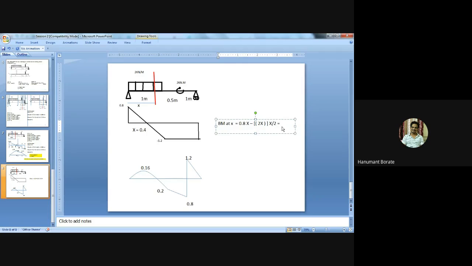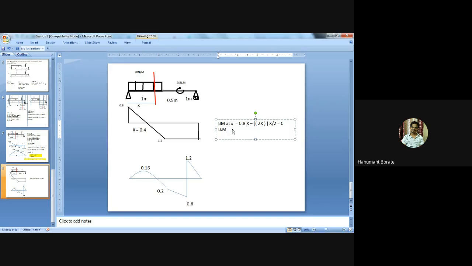We need to equate this equation equal to 0. Why equate to 0? Because as per the definition of point of contraflexure, whenever bending moment changes its sign, it needs to cross the baseline, which means at that point bending moment should be 0. So for that purpose we need to equate the bending moment equation equal to 0.